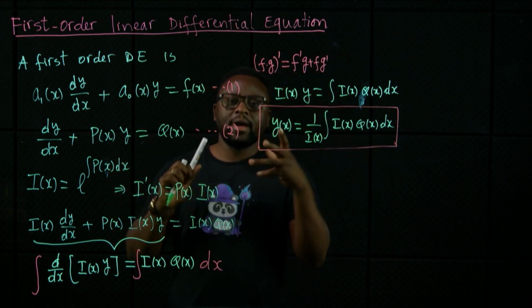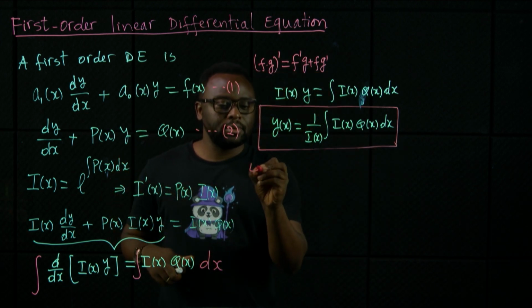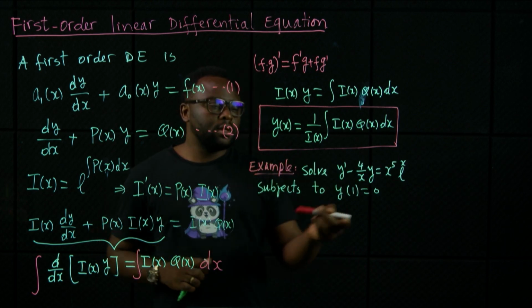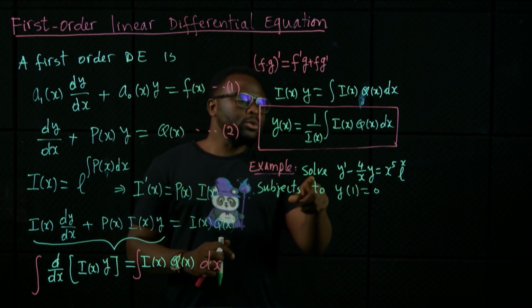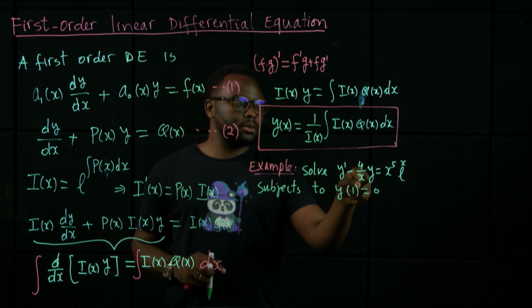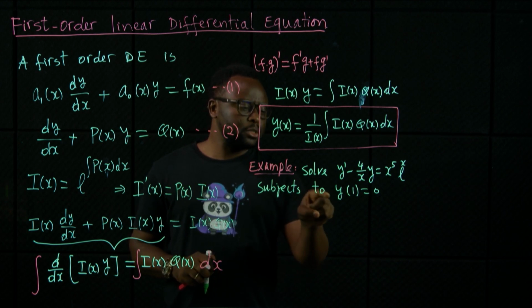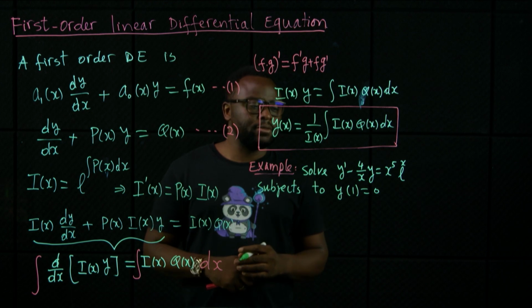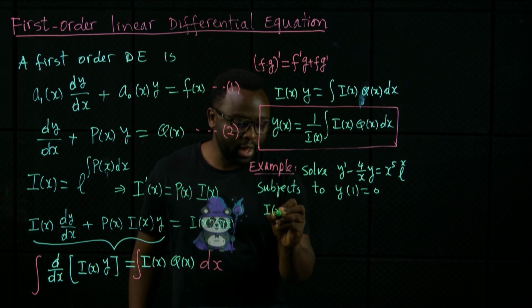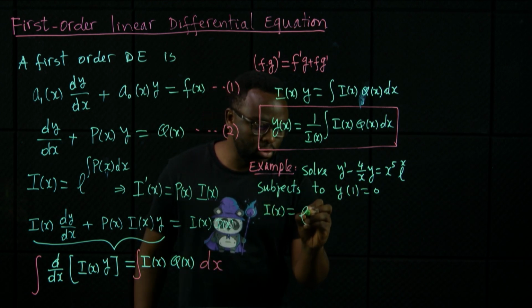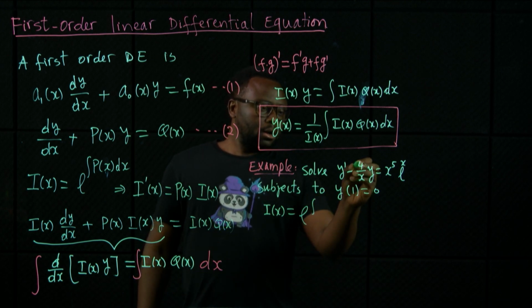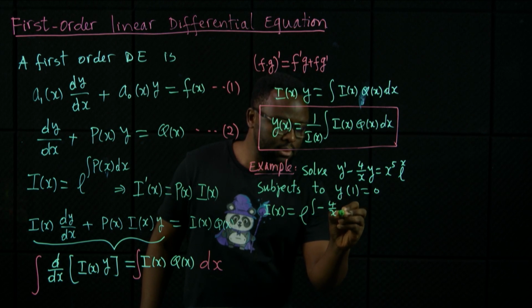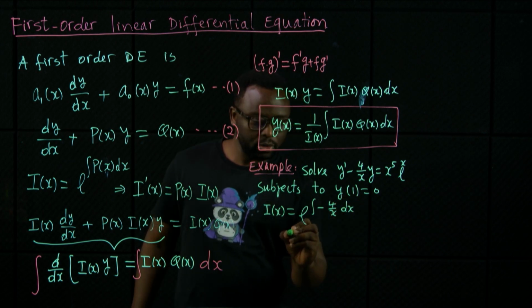If this is clear, now let's take an example. Let's look at this example. We want to solve this first order differential equation subject to y of 1 equal 0. Let's use the integrating factor. I of x is e to the power of the integral of p, where p here is minus 4 over x dx.